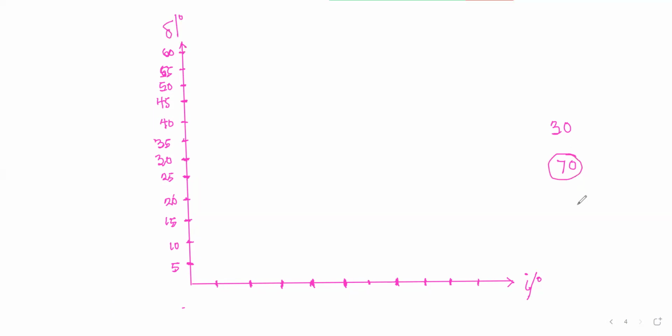Class, are you there? Are you with me? Yes, sir. Good. So I cannot take horizontally 5, 5. I can take 10, 10, so that I'll have a total of 100. 100, I can get 70.